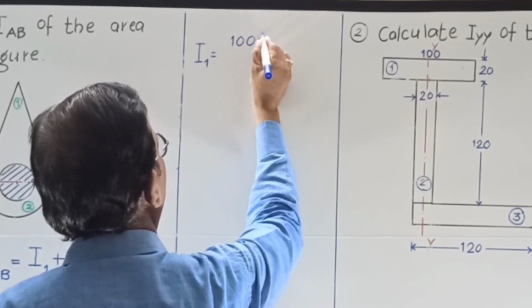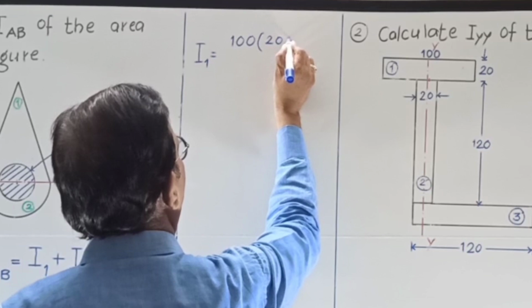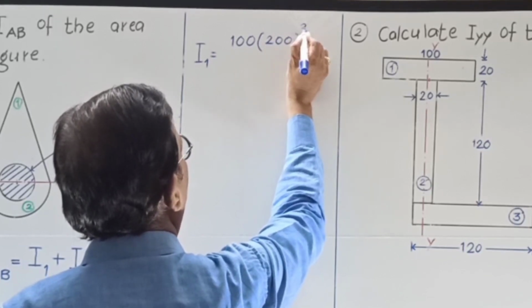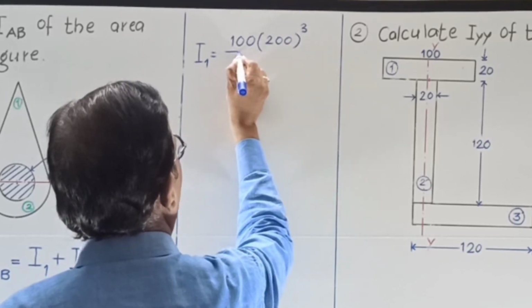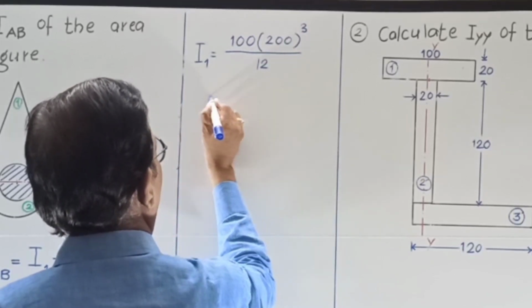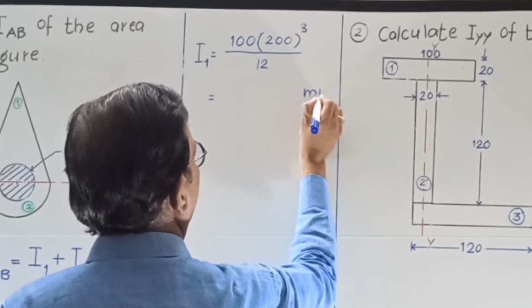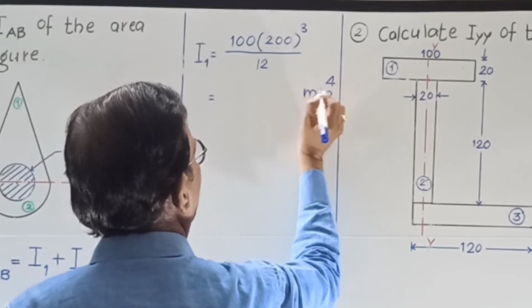What is H cube? 200 cube divided by 12. Calculate this value, mm raised to 4.